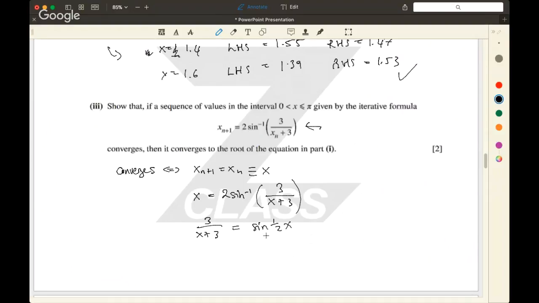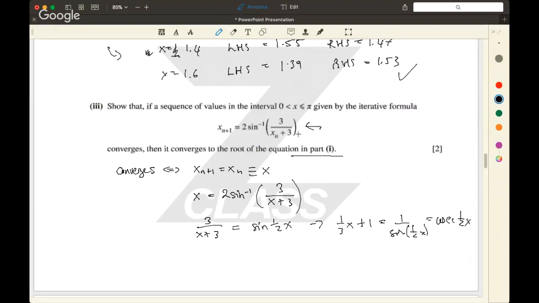You can flip them and get that 1/3 x plus 1 is equal to 1 over sine of 1/2 x, which is cosec of 1/2 x. So we've recovered the original equation. So there you go, that's exactly how you show this.